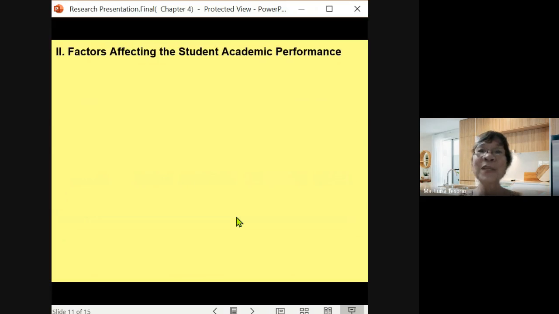Now we come to the second part of our presentation. The second part is about the factors affecting the student academic performance, and it's being summarized in Table 4.